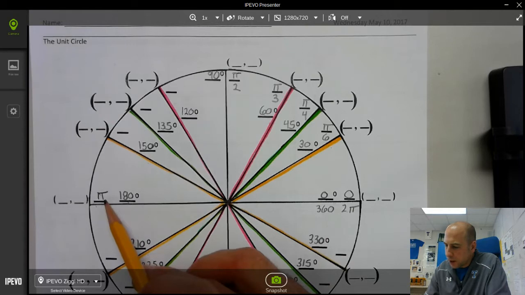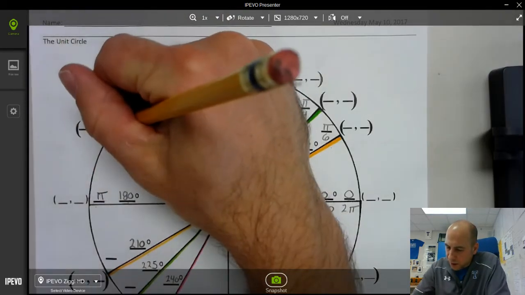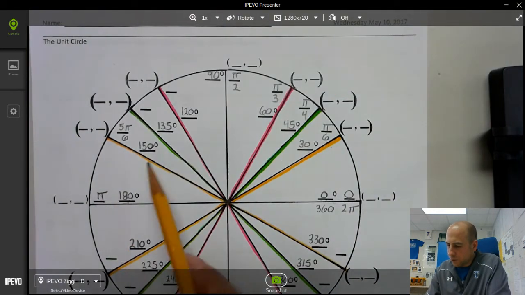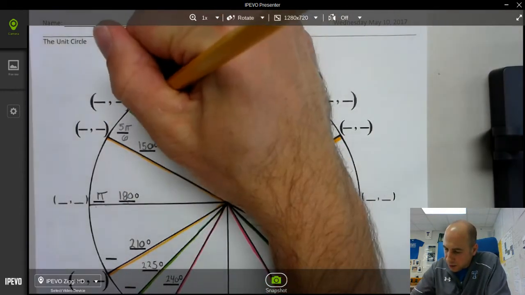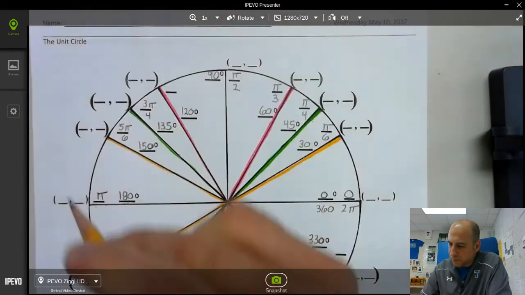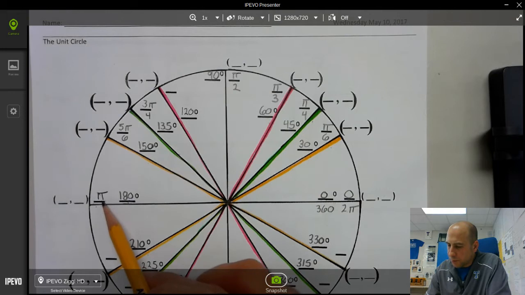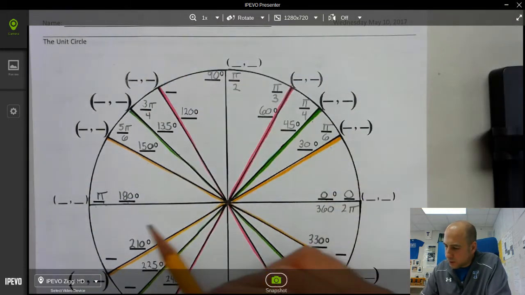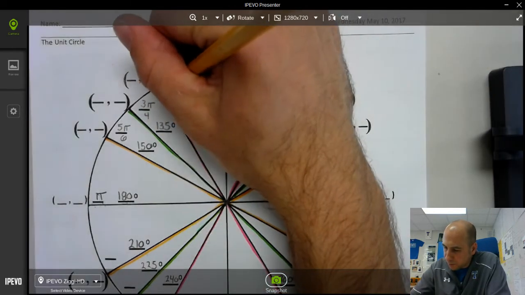So this is pi minus pi divided by 6, which is 5 pi divided by 6. And then here, reference angle is pi divided by 4. So pi minus pi over 4 is 3 pi divided by 4. Then here, our reference is pi divided by 3. So it's pi minus pi divided by 3, which is, let's see, 2 pi divided by 3.